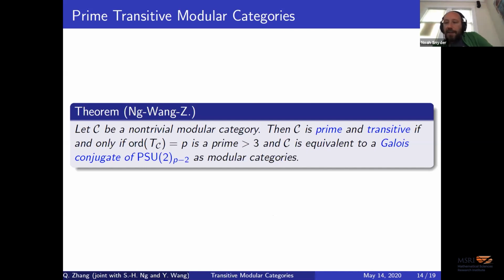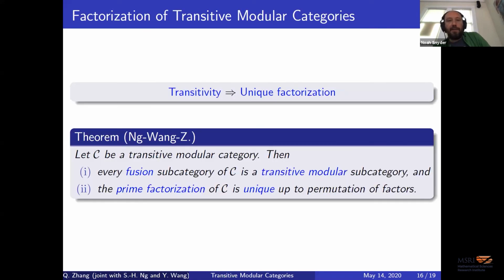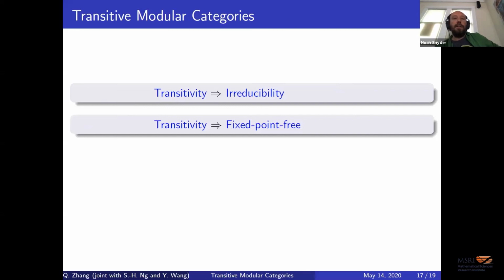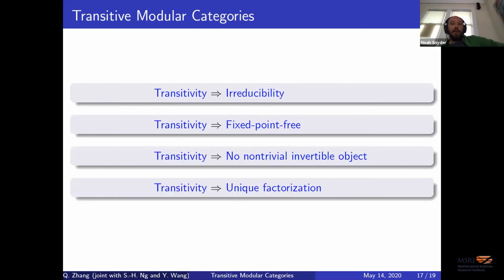Julia wants to know, you listed a lot of things that are implied by transitivity. Is any of these implications an if and only if? Do you have any kind of sufficient conditions for transitivity? That is a good question. I'm not sure, but I suspect the second one might be if and only if.